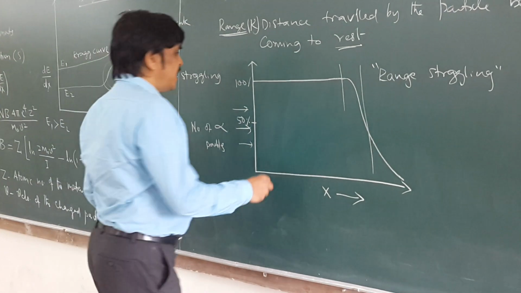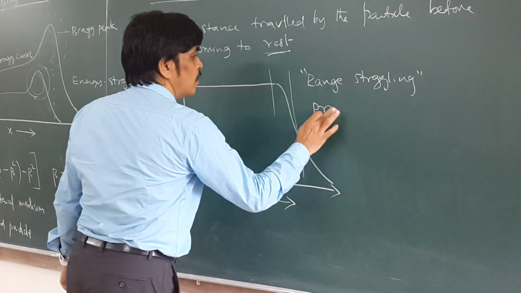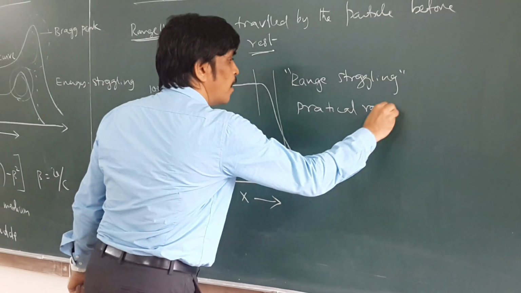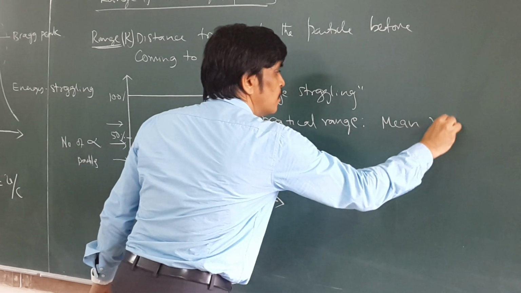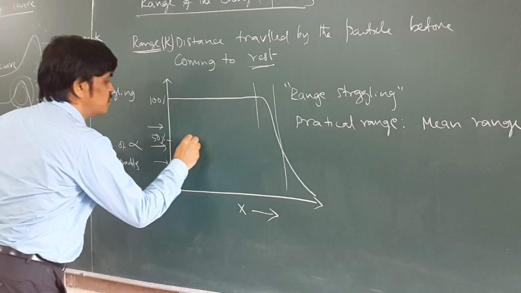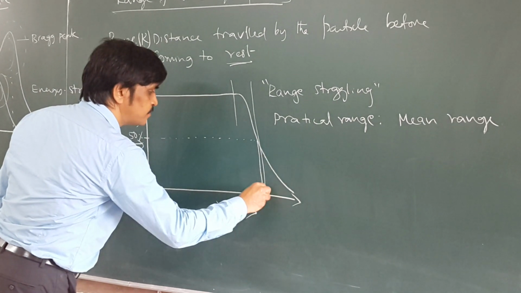So practical range is normally defined as what we call the mean range. So mean range is the thickness of the absorber at which the intensity reduces to 50% of the initial intensity.